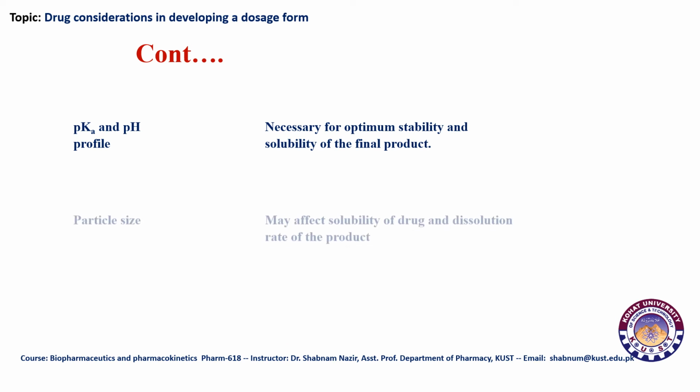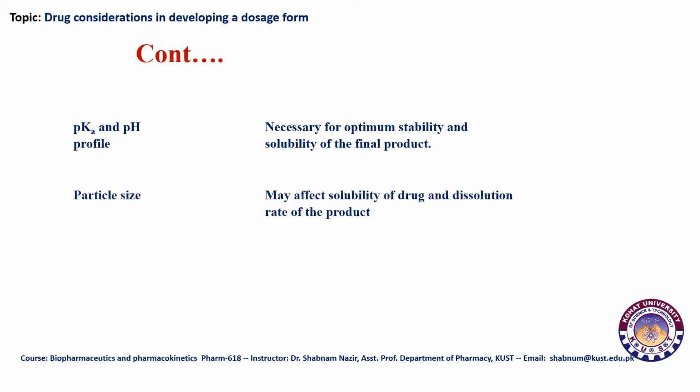The next is particle size, which may affect solubility of the drug and dissolution rate of the product. These physicochemical properties impact the drug, but keep in mind that these properties are equally applicable to excipients as well. Mainly we are focusing on the drug because we are concerned with absorption and bioavailability of the drug, not the excipient.